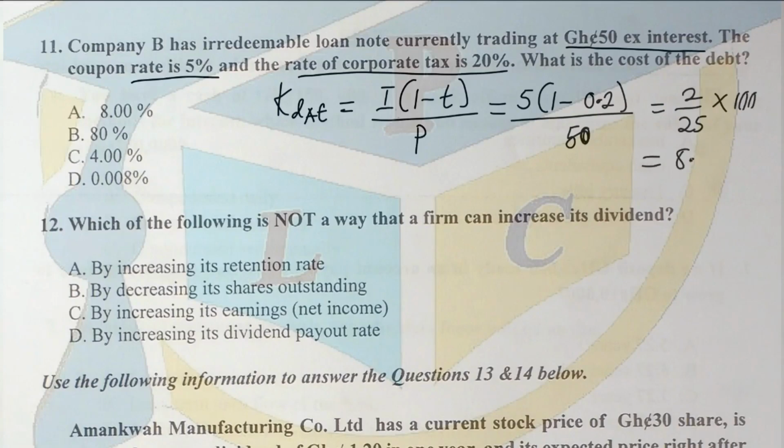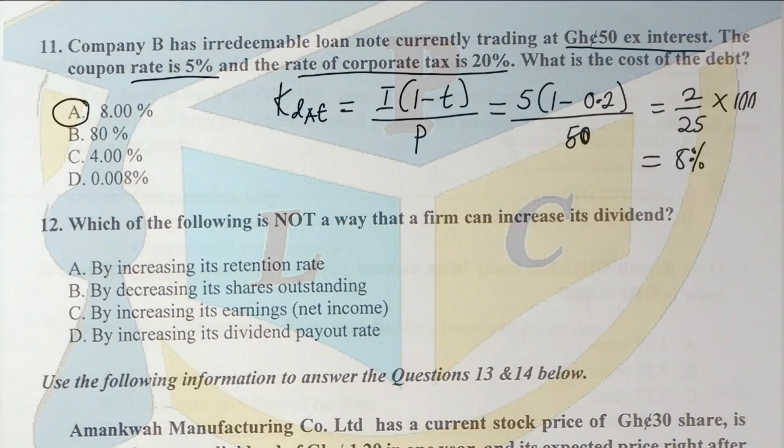So 8% here, option A will satisfy our answer in that case. So that's 8%. I hope that is clear. So that is the cost of debt for the irredeemable loan note, which was traded at 50 Ghana cedis ex interest. So this is how we calculate it.